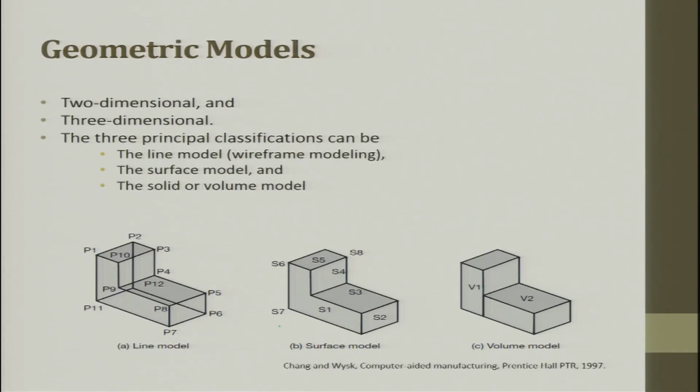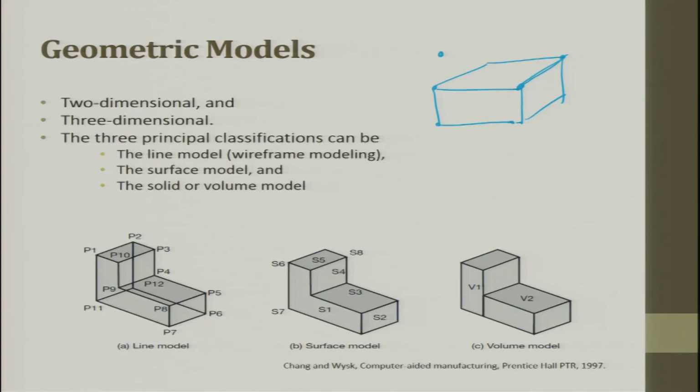Geometric modeling can be 2-dimensional or 3-dimensional. When we talk about three-dimensional modeling, the principal classifications are line, surface and solid. If you look at geometric modeling, I have a dot and a dot leading to a line, vertices to edges.